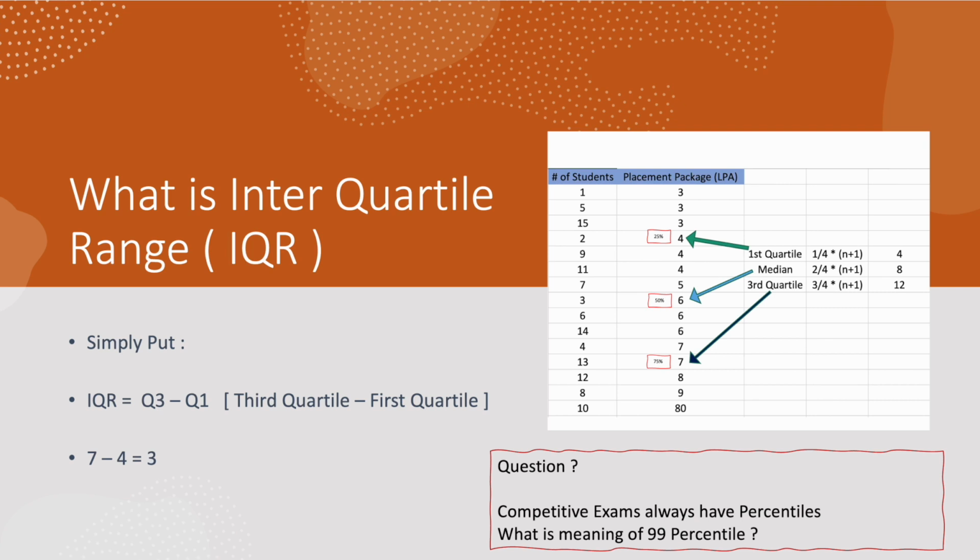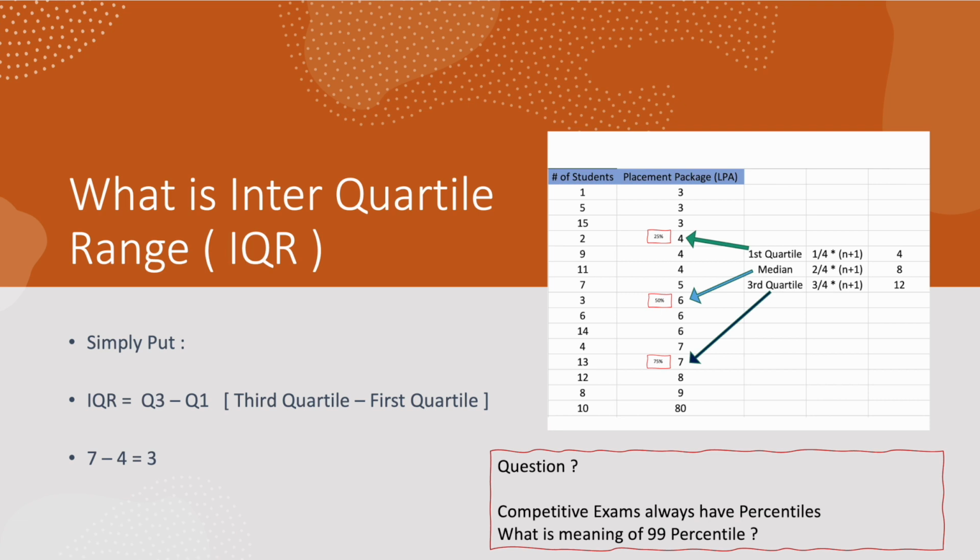Okay. Now the second question is, we understood quartiles, where we are bucketing into quarters. What is a percentile? In many competitive exams, you may have seen that a person got 99.5 percentile marks. Now, what is this 99.5 percentile or 99 percentile? 99 percentile means that you are dividing the data not into 4 quarters, but into 100 different buckets.